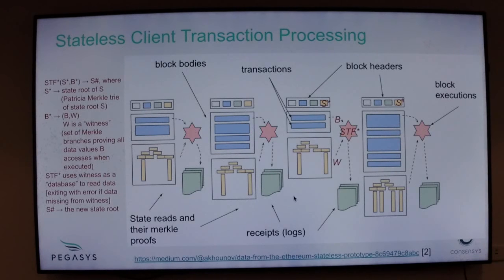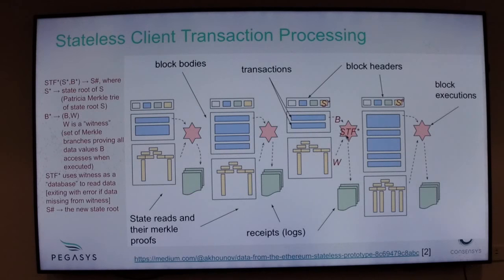We feed into it the Patricia Merkle tree of state root S, so that is S star there. We also feed in B star, which consists of the block and its witness. And remember, the witness is the set of Merkle branches proving all data values that B accesses when it's executed.